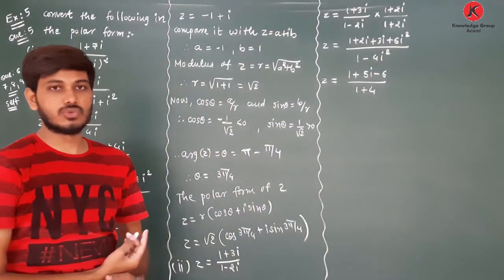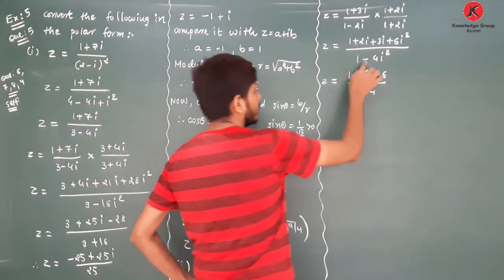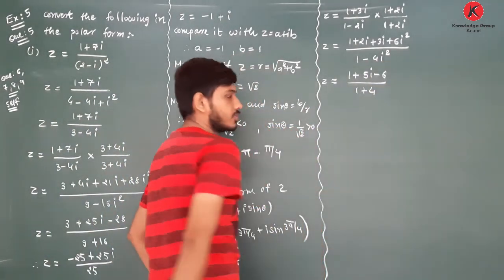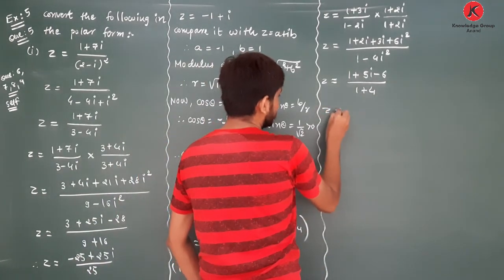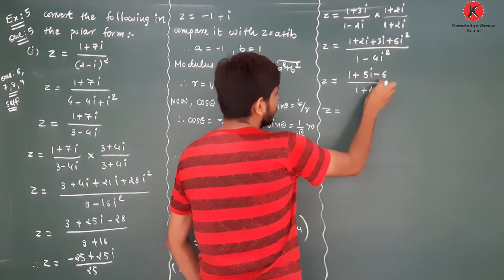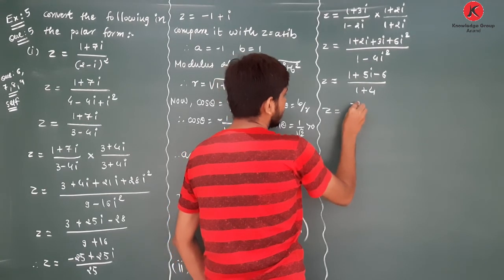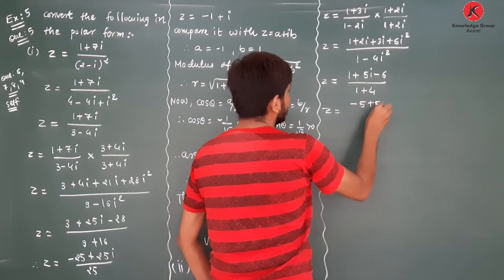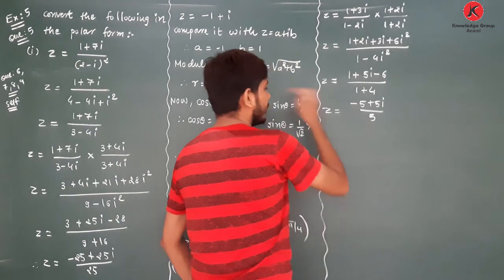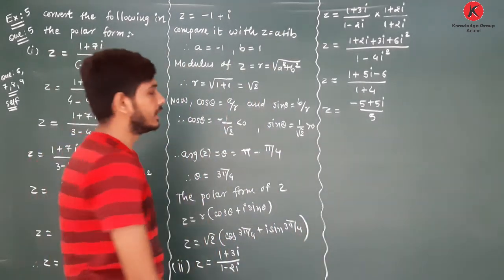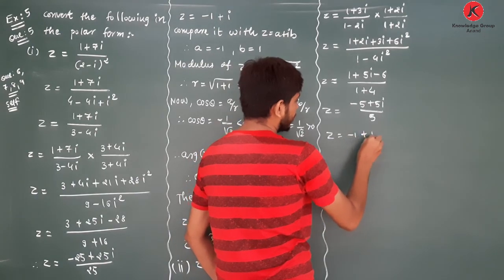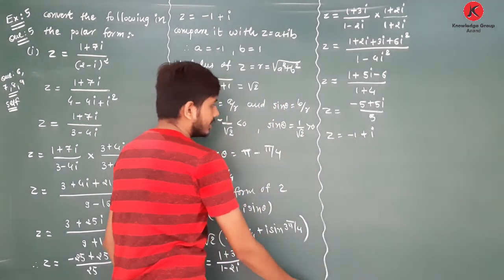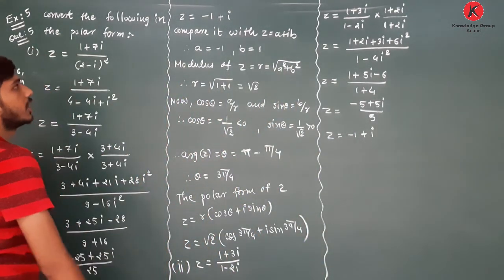Minus 1 into 1 minus 1 into minus 1 is plus 4. Clear? So 1 minus 6 is minus 5, plus 5i, divided by 5. Divide separately. We are getting z equals minus 1 plus i.